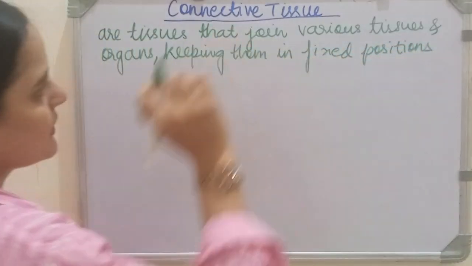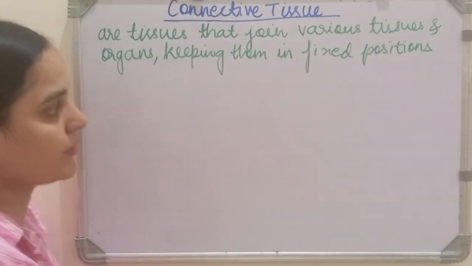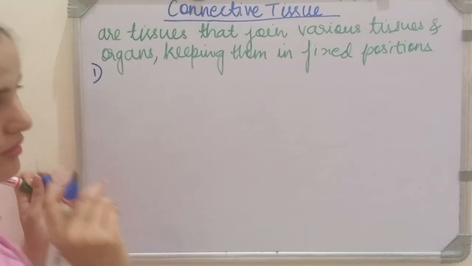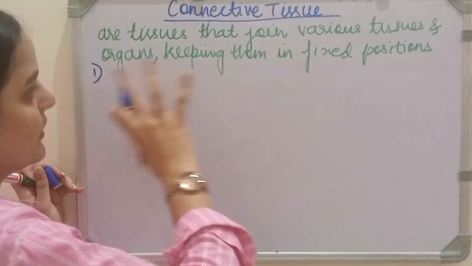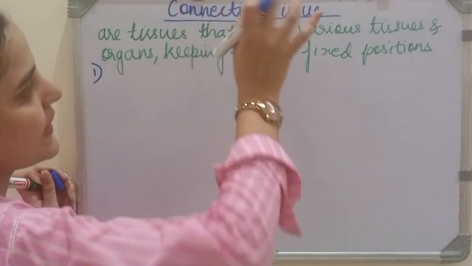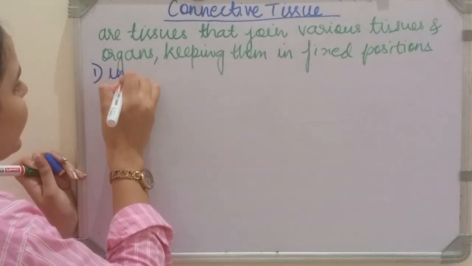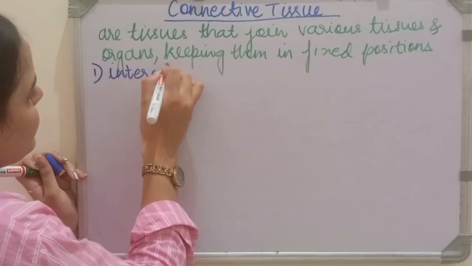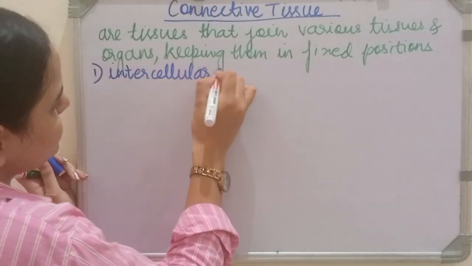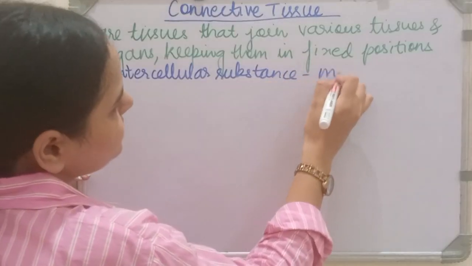Okay. Now, connective tissue has three important characteristics. So, the first characteristic of connective tissue is what? Presence of intercellular substance, which is matrix.